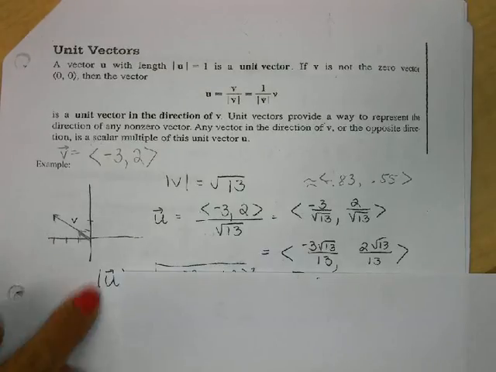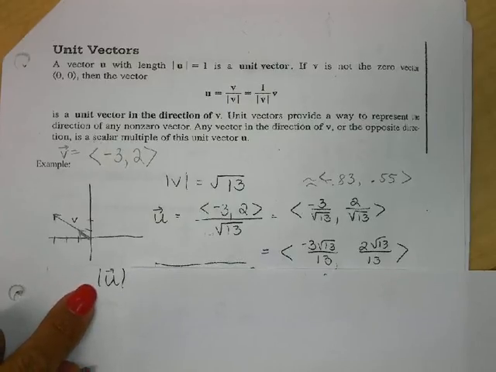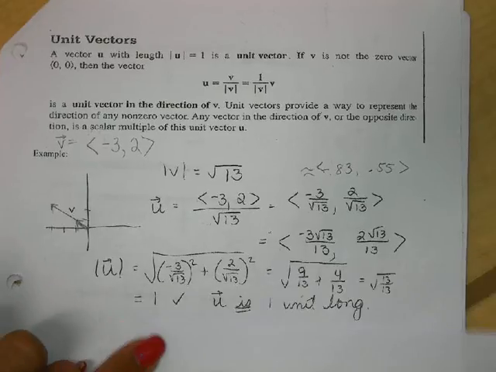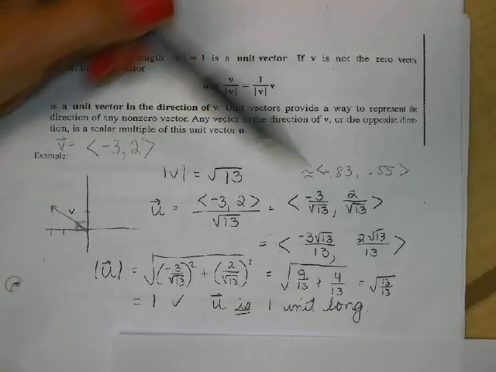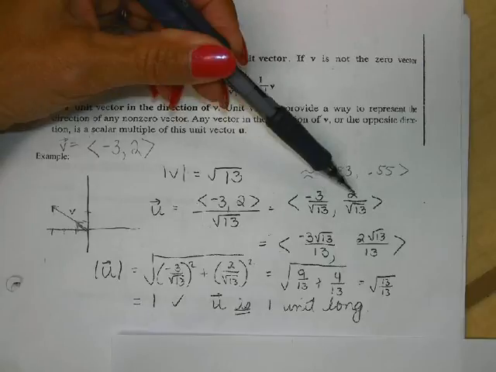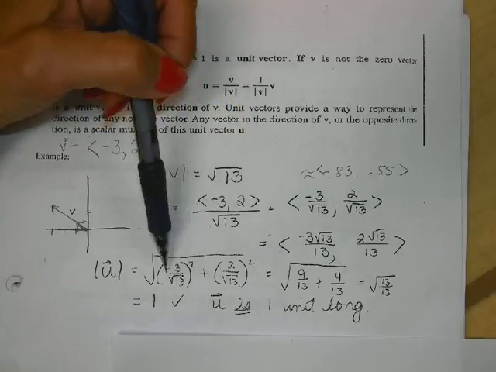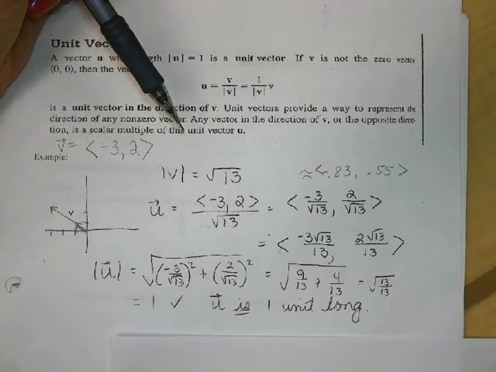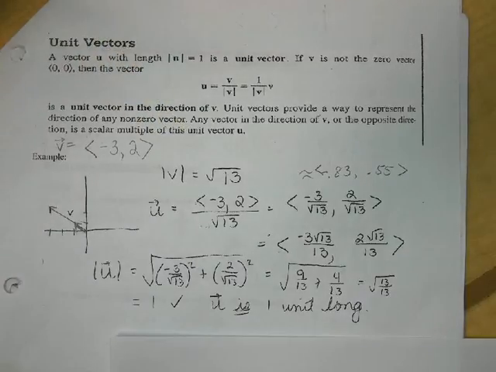Now next I showed the steps of actually finding the magnitude of this vector u, or the unit vector. I'm claiming it to be 1 unit long. And so if I want to determine that, we know that if we take the x component squared plus the y component squared, we'll determine the magnitude of this vector, and I found that in fact it is only 1 unit long.